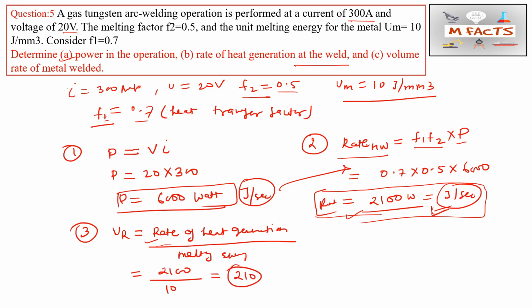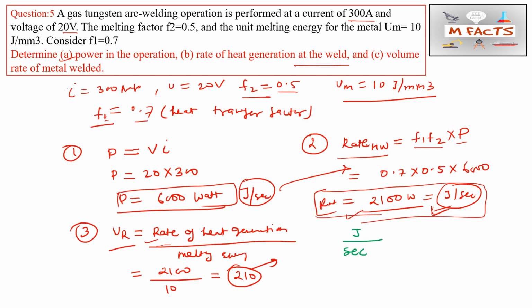We don't know the unit of this volume rate of metal welded, but don't worry, we will try to find the unit. VR means volume rate of metal welded. How can we calculate VR? Rate of heat generation per unit melting energy for the metal. We know the unit of rate of heat generation is joule per second.